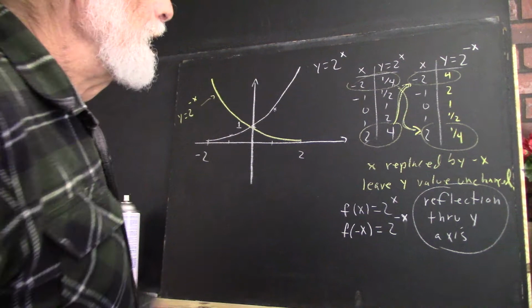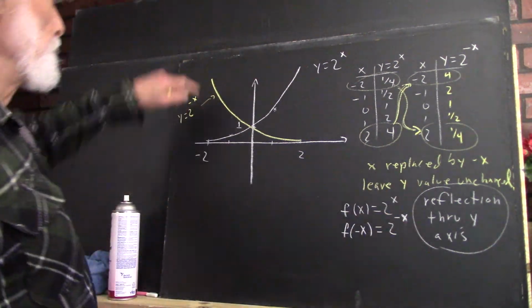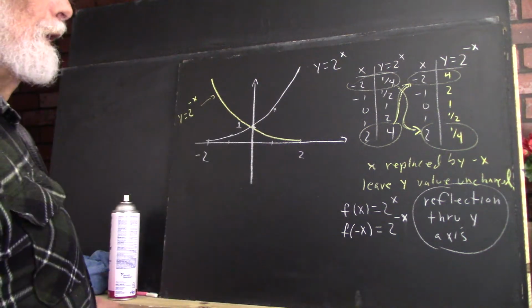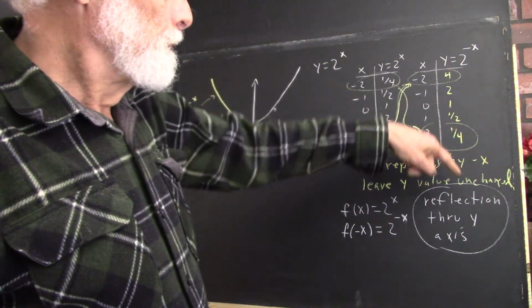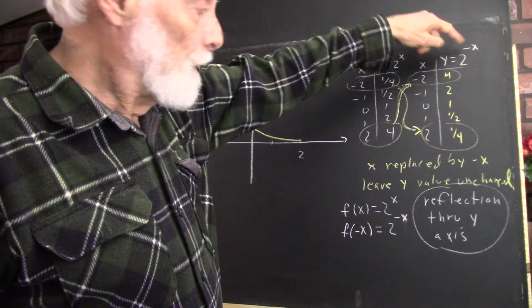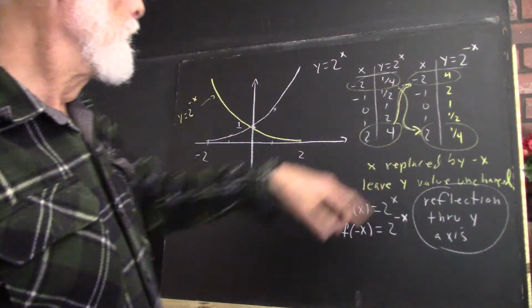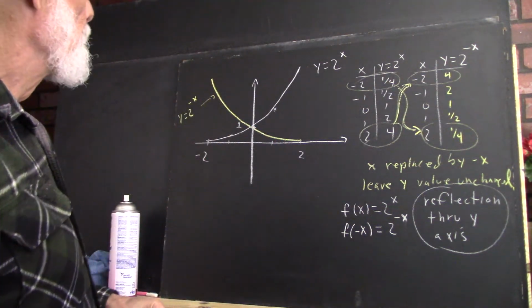If you replace x by negative x, you get a reflection through the y-axis. So that would be this function. Of course, knowing the table for this function, and we can verify the table for this function, you also see that the functions are identical.